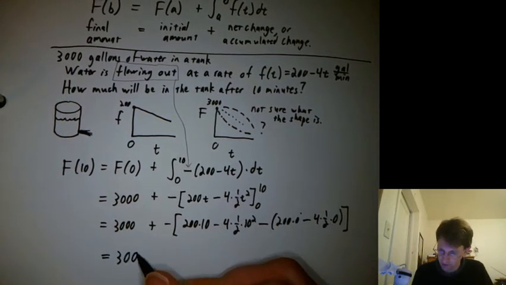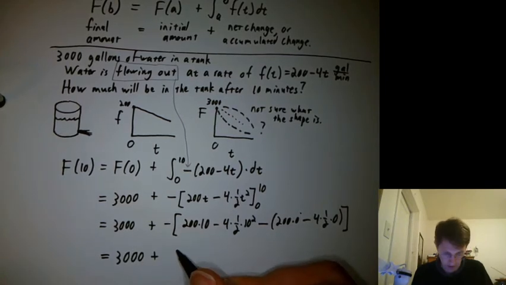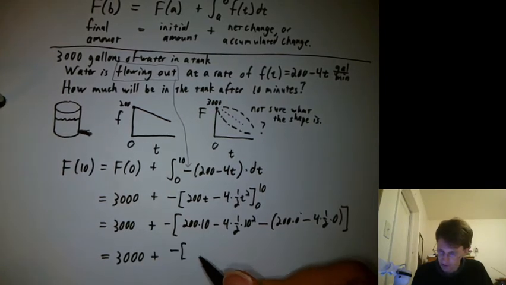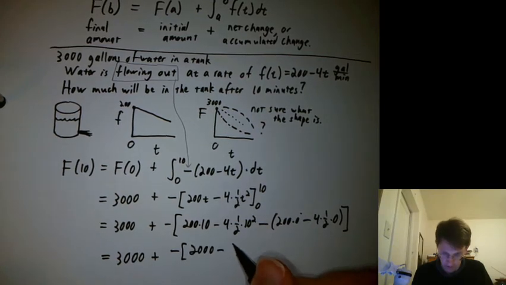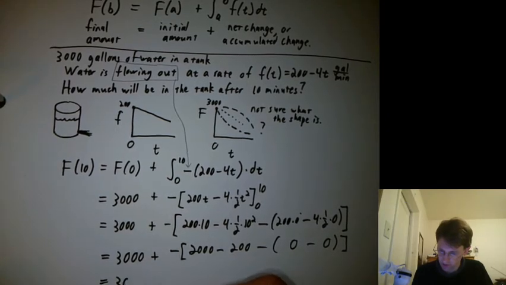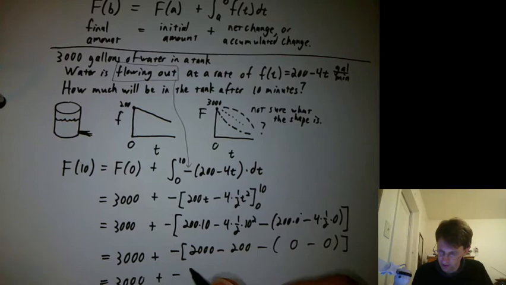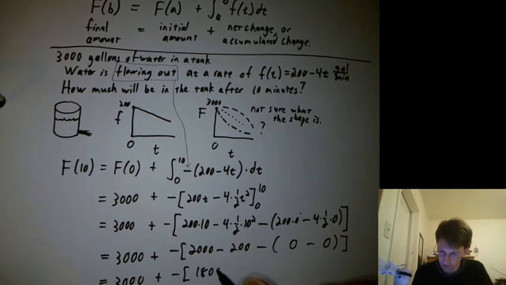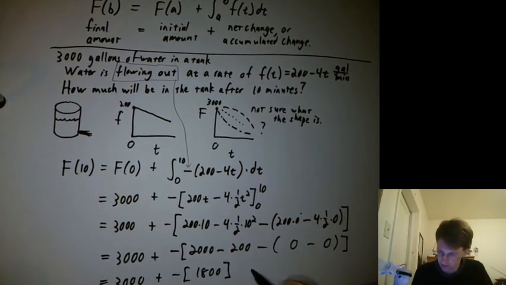So if we do all that, we get minus 2,000 minus 200 minus 0 minus 0. So we get 3,000 plus negative 1,800, which ends up being 1,200 gallons.